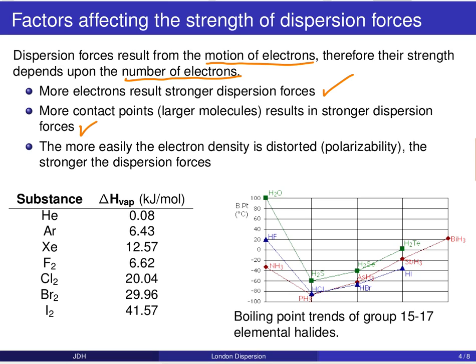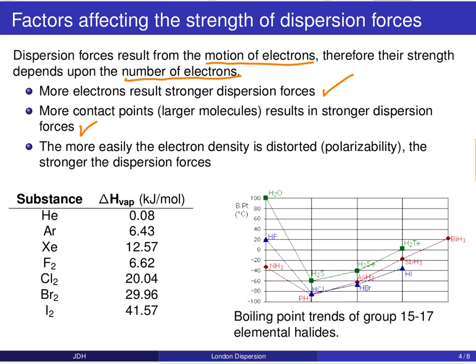Now, in order to get this dispersion force to come about, you need to be able to distort that electron cloud. You need to be able to make that temporary dipole moment. So the ability or the tendency of an electron distribution around an atom or molecule to be distorted is referred to as polarizability.